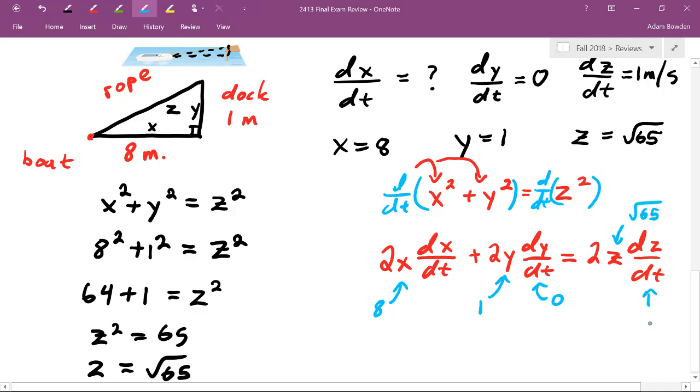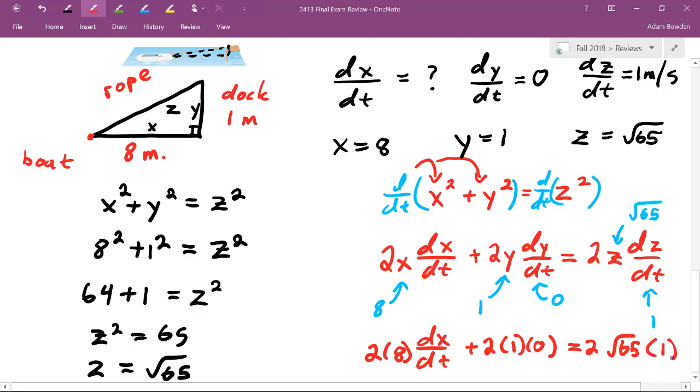And for dz dt, 1. So that would look like 2 times 8 dx dt plus 2 times 1 times 0 equals 2 times the square root of 65 times 1.